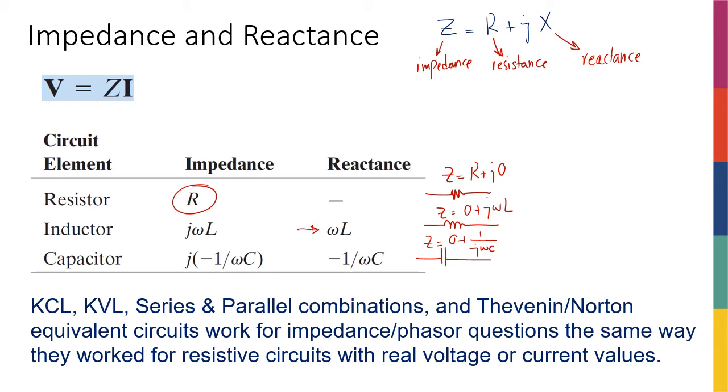Now, since j squared is equal to -1, 1 over j becomes negative j, because j times negative j becomes 1. So that's why I replace 1 over j with negative j, and that's why I call the reactance of this guy -1 over ωC.